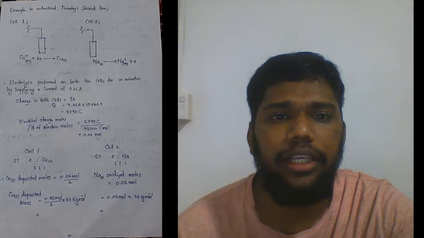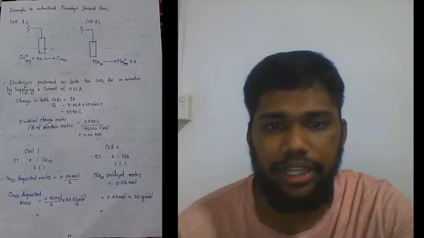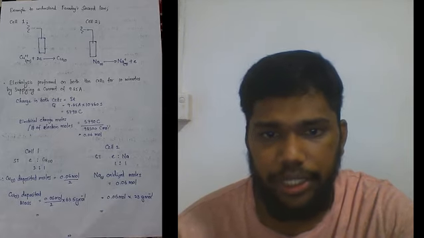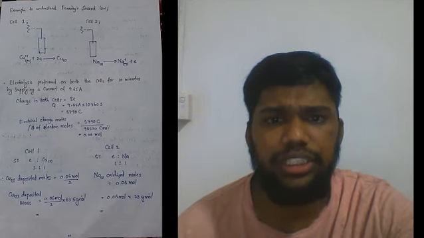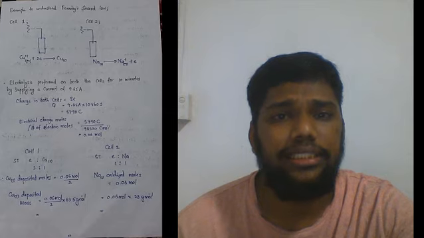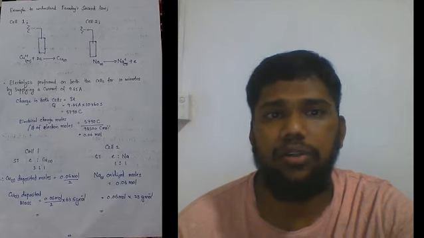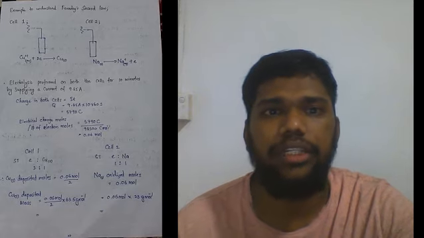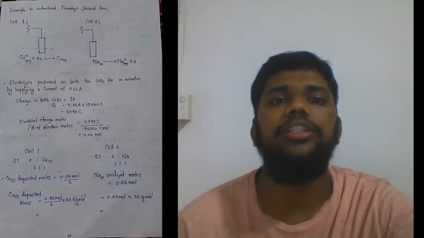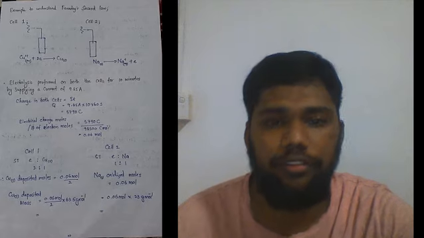Then you can find the moles by using Faraday's constant. I have calculated the moles as well, that is 0.06 moles. This is equal to the electron moles in either cell 1 or cell 2, because in both cells the electrolysis is performed for 10 minutes with the same current.